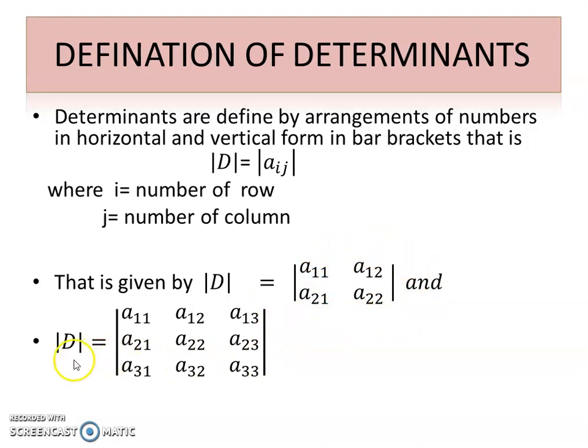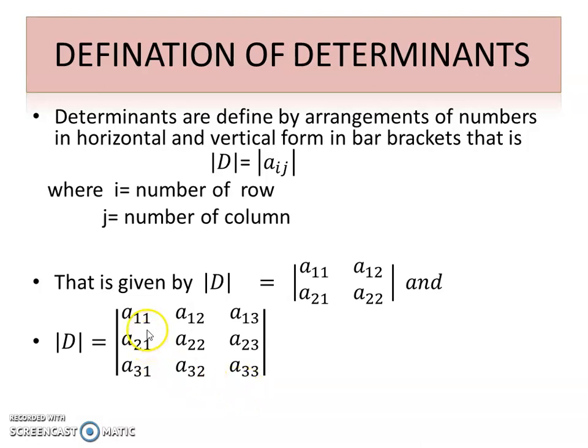Now we study 3 rows and 3 columns. For the elements, obviously i indicates the number of the row and j indicates the number of the column. So we start from the determinant symbol D is equal to A11, A12, A13, A21, A22, A23, A31, A32, A33.